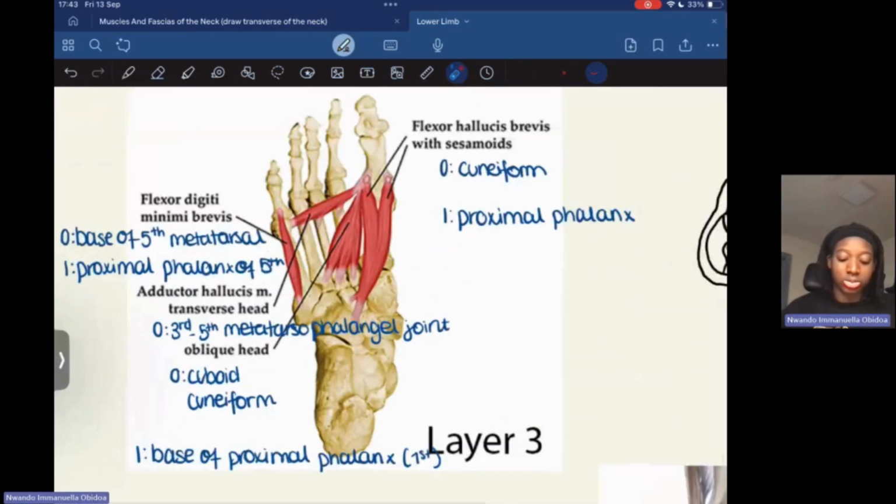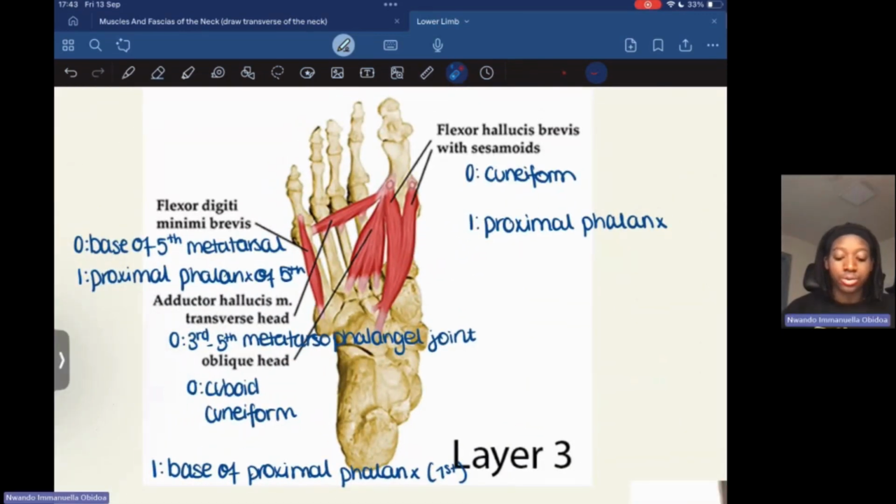The third layer consists of your flexor hallucis brevis, which originates from your cuneiform bone, the middle and also the medial one, and inserts on the proximal phalanx of the big toe.